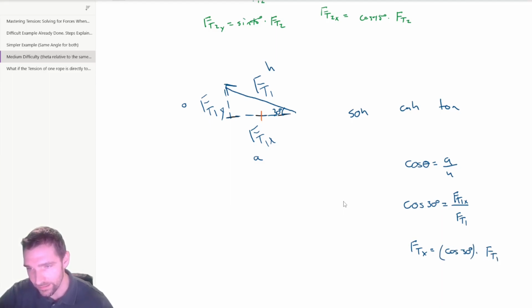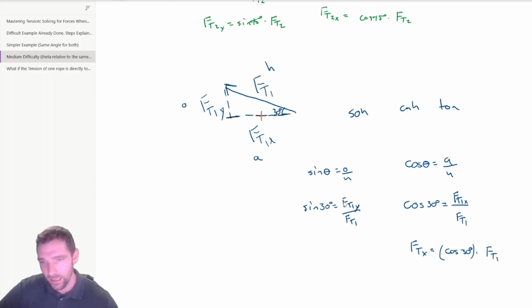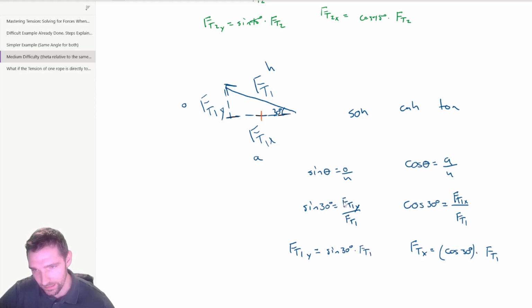So whatever that is. And you can kind of imagine doing the same thing here, sine theta, opposite over hypotenuse, sine 30 degrees, because that is our theta. And now the opposite is the ft1y over the ft1. ft1y then is equal to sine of 30 degrees times ft1.